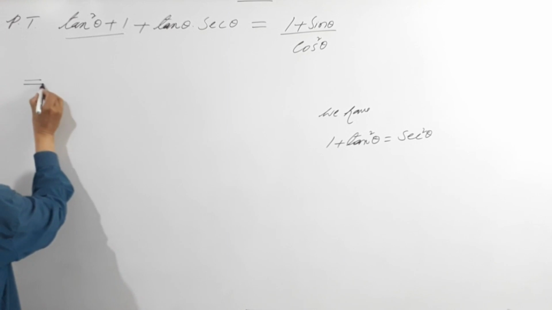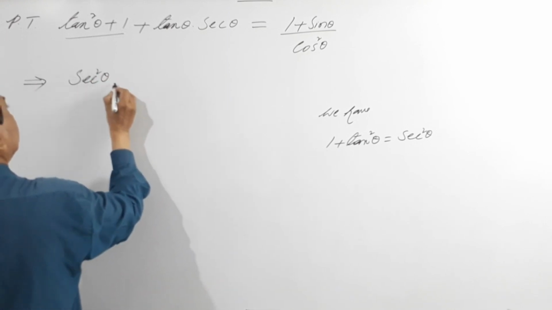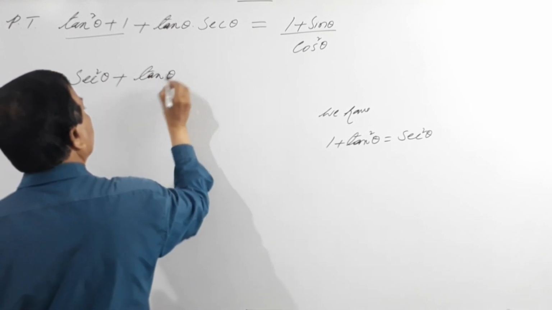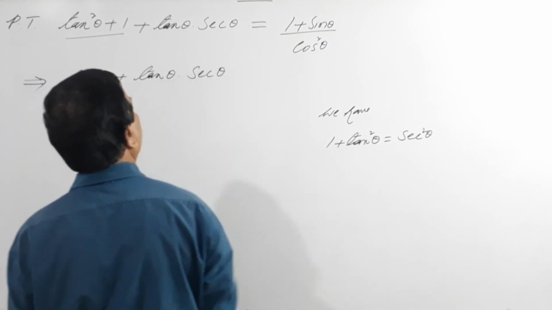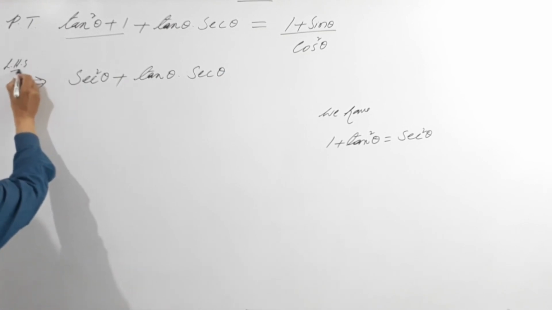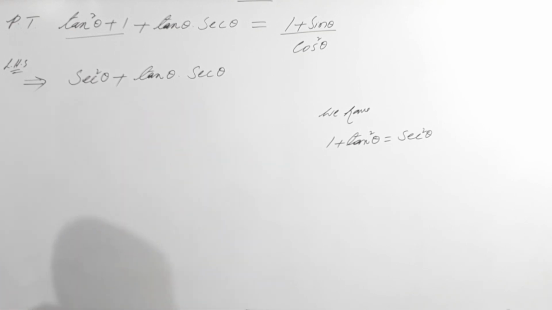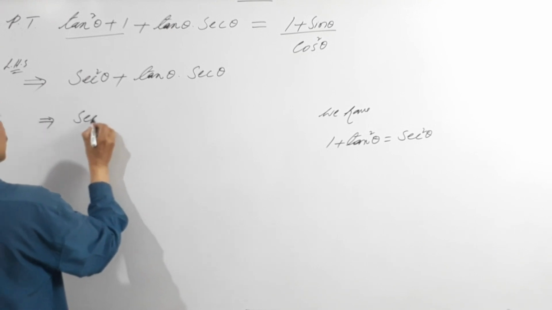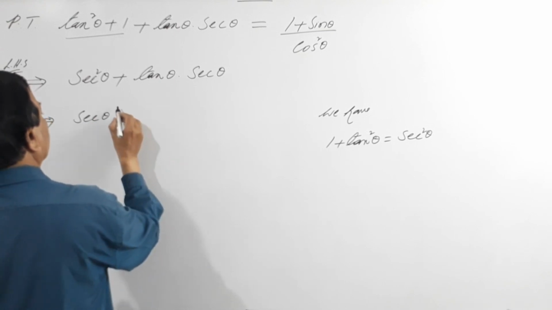So this becomes secant square theta plus tan theta into secant theta. So we are going to take the LHS, left hand side. What is common in both? Secant theta is common, so take secant theta outside.